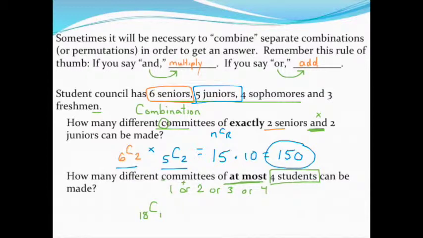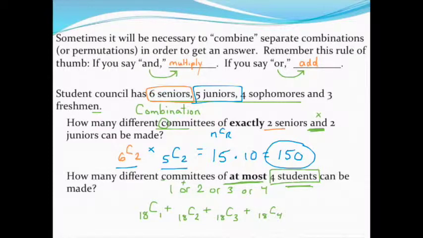Then so on down the list. I could also do a committee of 2 students, so 18C2. A committee of 3 students would be 18C3, and for committees of 4 students, 18C4. Once again, I'm using 18 because this time they just said students in general. All those "or"s tell me to add all those individual pieces together. Or is add and and is multiply.